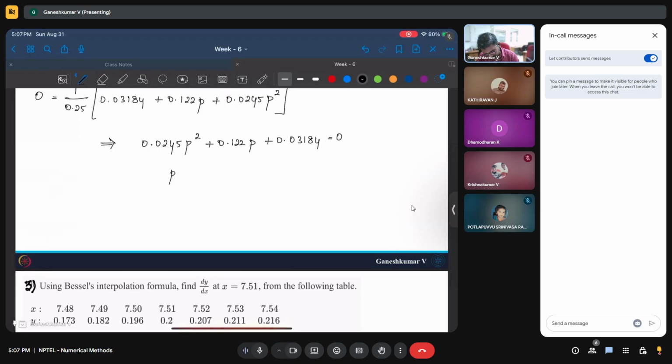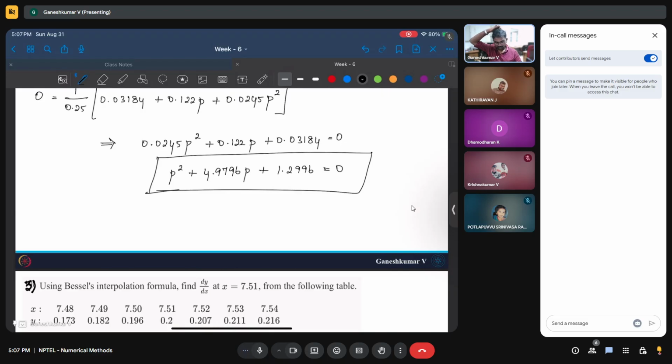So this is p square plus 4.9796p plus 0.03184 divided by 0.0245, 1.2996 equal to 0. Okay.